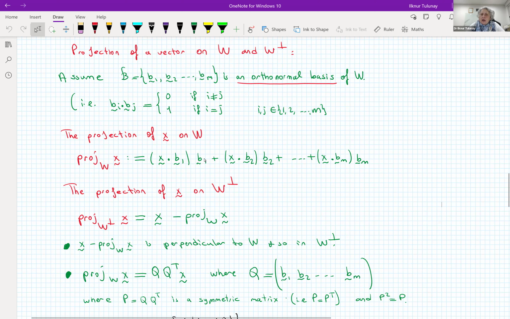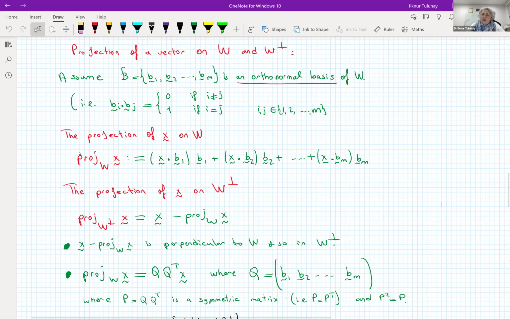We know that every vector in W can be written as a linear combination of those vectors because it's a basis, and even more, because these vectors have unit length 1, the coefficients are obtained with the dot product with X.